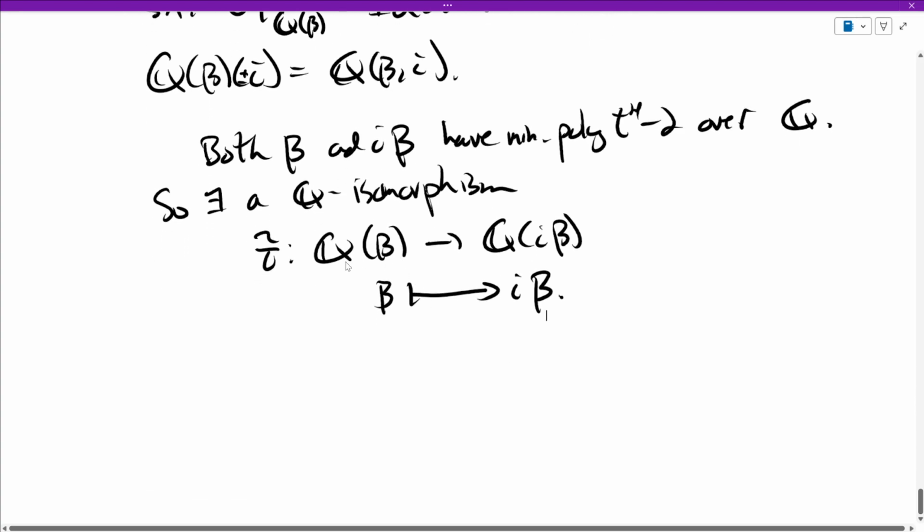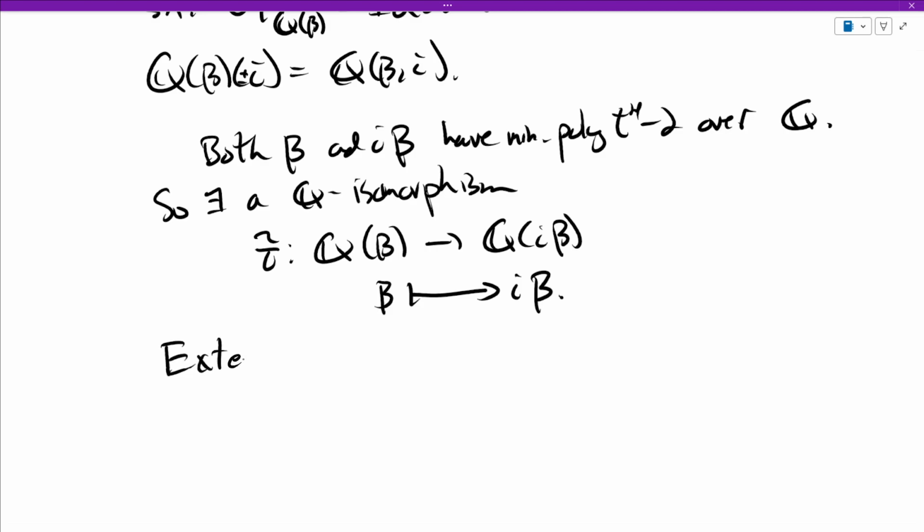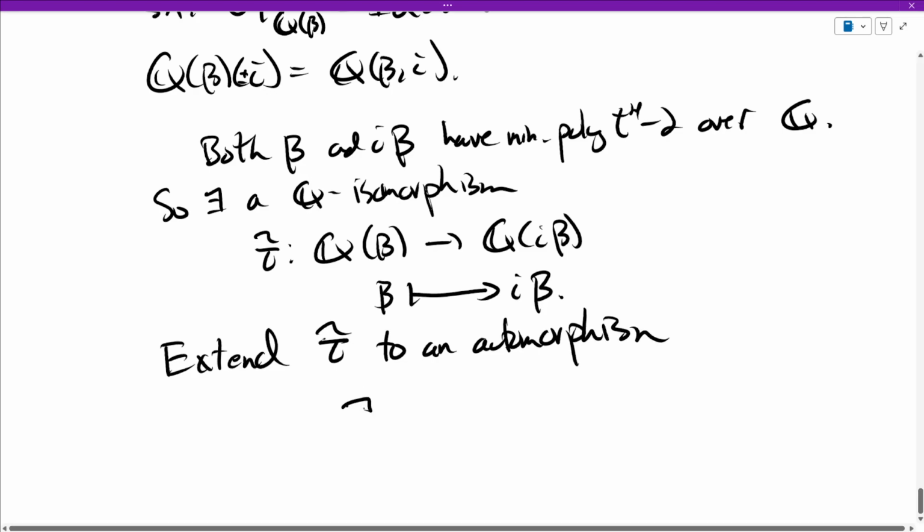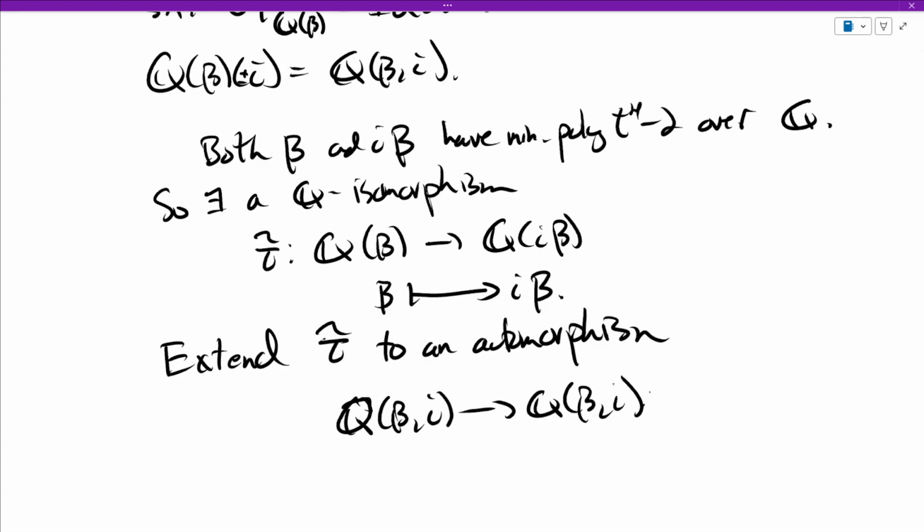But we saw that you can always extend this to an automorphism of the splitting field. Extend tau wiggle to an automorphism Q adjoin beta, i to Q adjoin beta, i. Right, any map within the splitting field will extend to the splitting field.